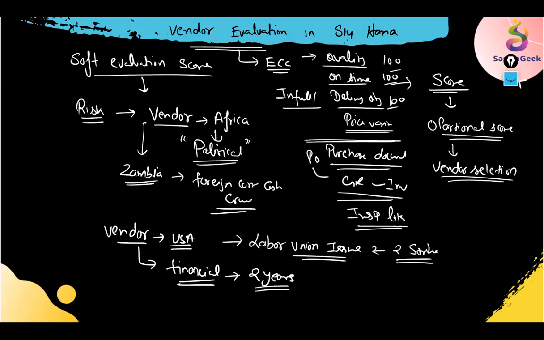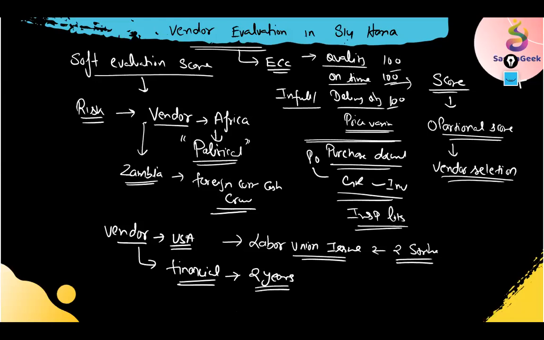With the operational scoring of the vendors, we can foresee some limited risk. Then there is another risk which is hidden, which doesn't surface from the data we have from our procurement, GR or invoicing data. Those are the soft risks, and they can only be evaluated with the soft evaluation.